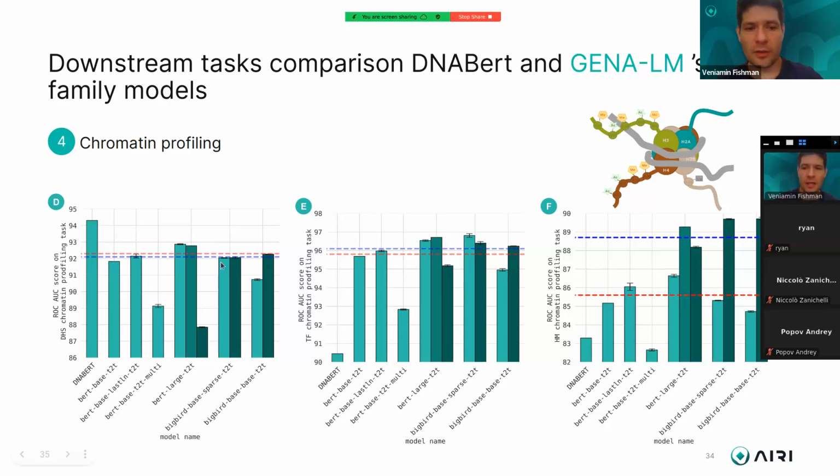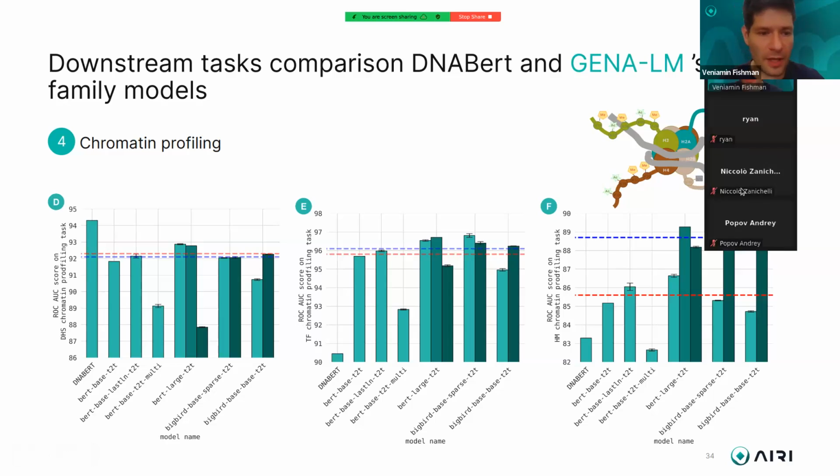This is a dataset called the DeepSEA dataset, and there are several challenges in the field which are based on it. These challenges are prediction of different epigenetic marks, as I said, separately for transcription factors, for histone marks, and DNA accessibility profiles.